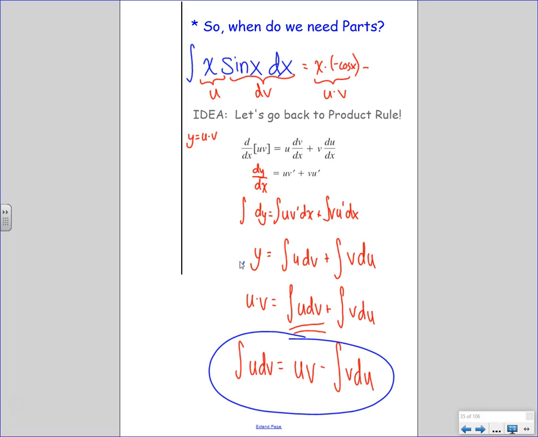Okay, cool. But now we have an integral of, who do we need? Who is v again? It's negative cosine of x. Good. Times what's the derivative of u? 1 dx. I couldn't have solved that outright with u substitution, but can I solve the integral of negative cosine? Yes.